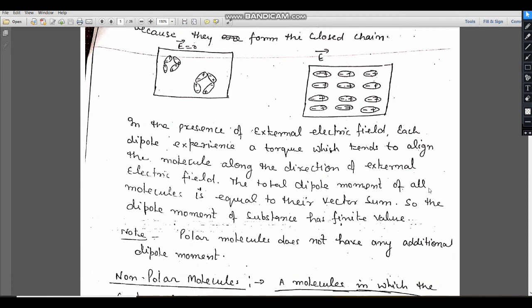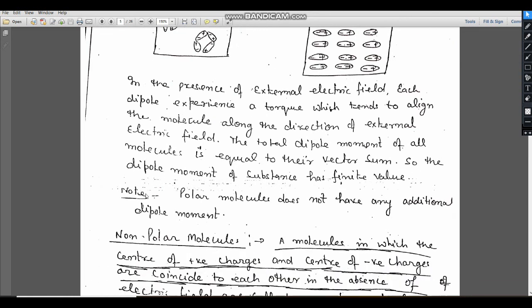The total dipole moment of all molecules is equal to the vector sum, because dipole moment is a vector quantity. So the substance has a finite dipole moment, and polar molecules do not have any additional dipole moment. So these are the polar molecules.